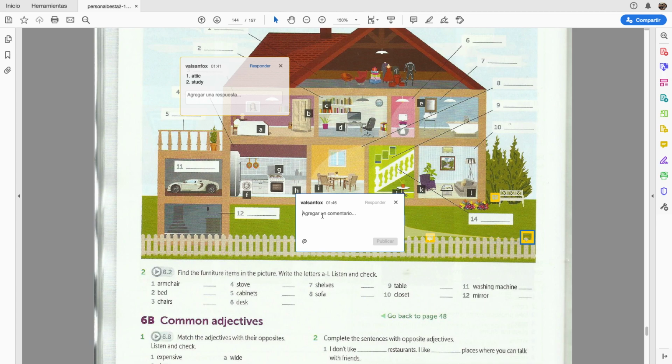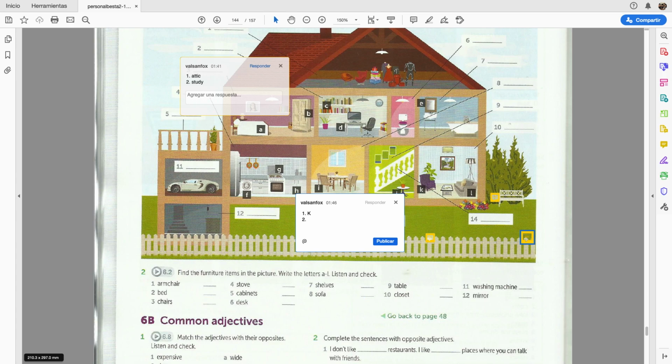For example, number one, armchair, where's the armchair? The armchair, that's letter K, okay? And then there says number two. We are doing this according to the number here, according to that order.